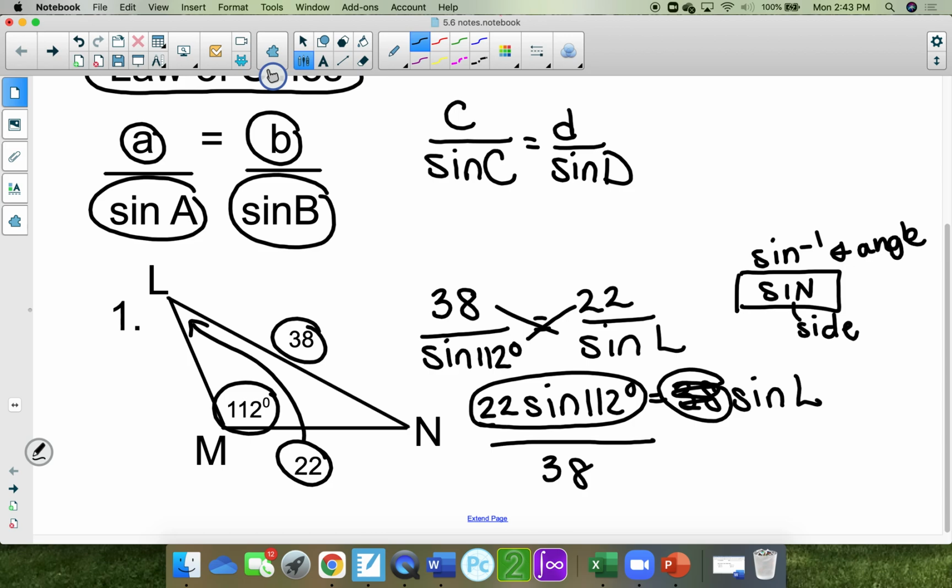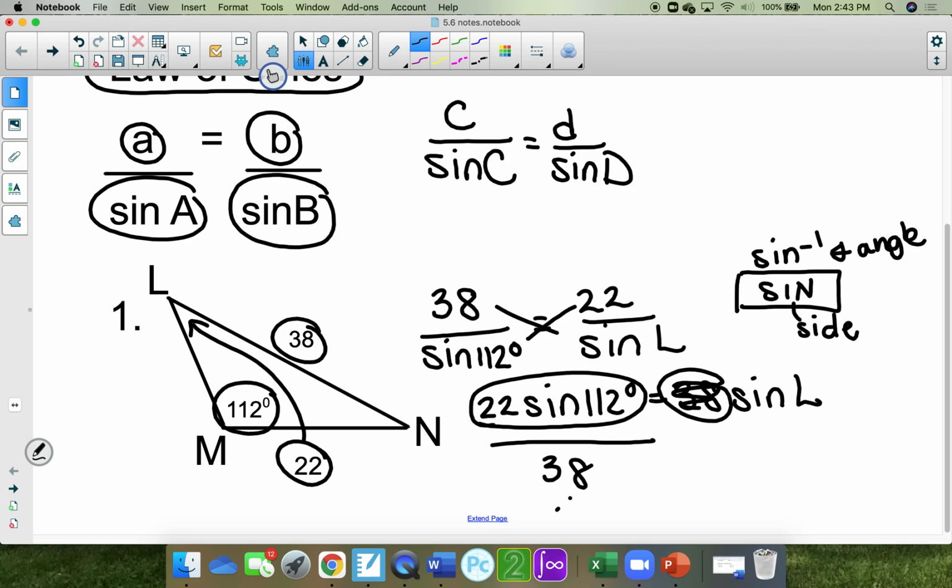So take 22 sine of 112 and divide that by 38. Let me do it one more time: 22 sine of 112 divided by 38.